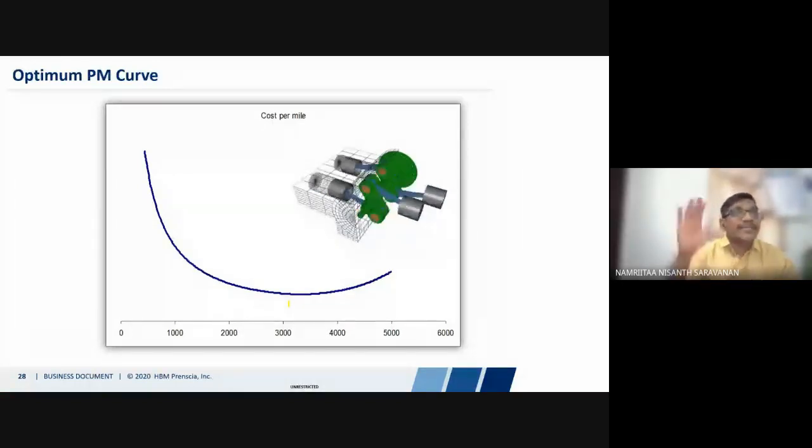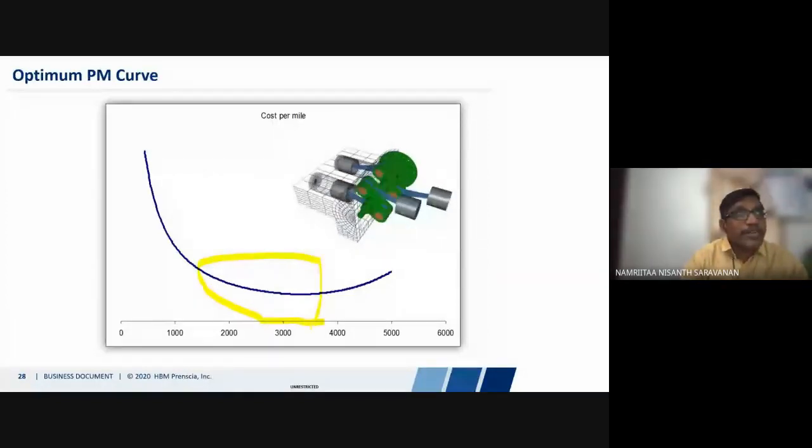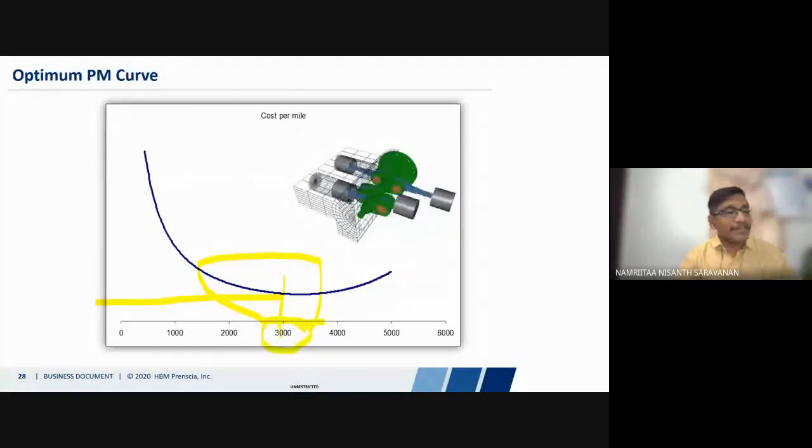So they come with a list of components to be changed at different intervals. The company did all this kind of calculation behind the scenes to find out what should be the optimum level of maintenance. So this place becomes the minimum, and 3,000 mileage is the optimum maintenance time for the engine oil, something like that. So this is the way we can see it.